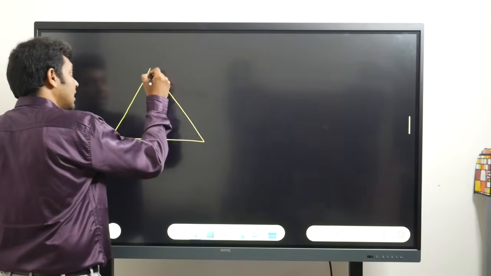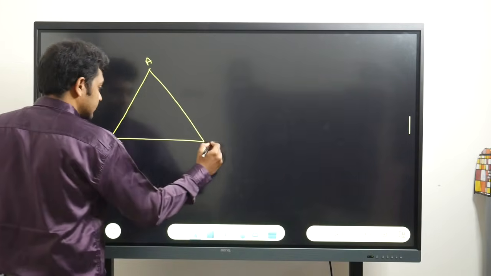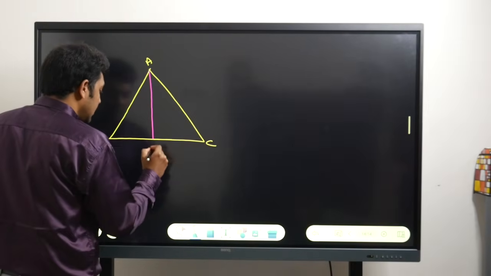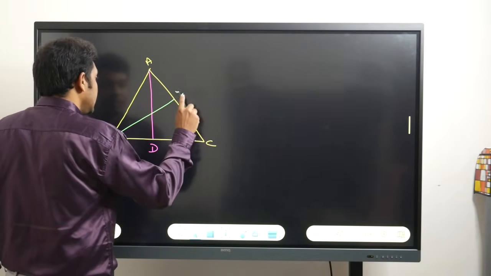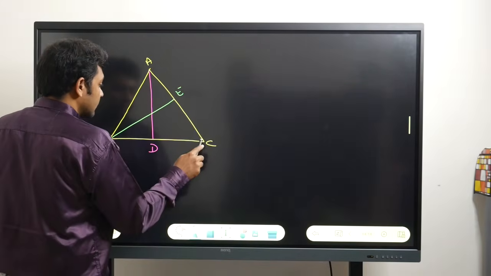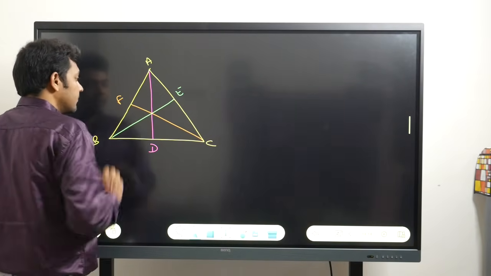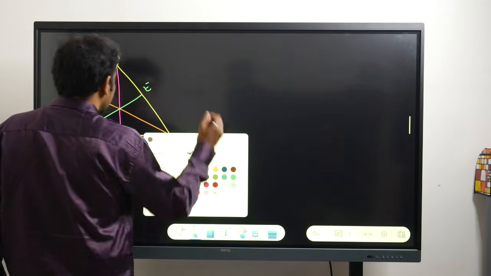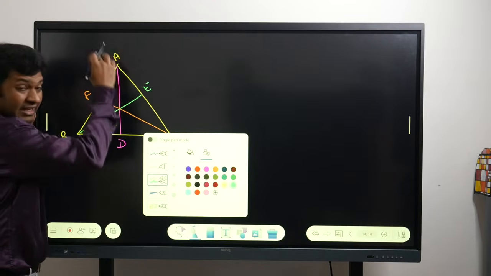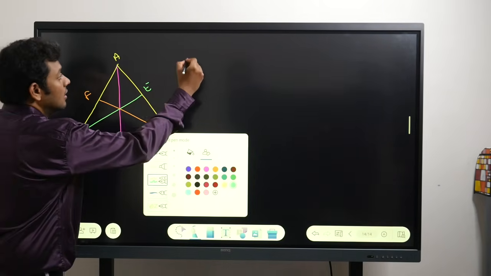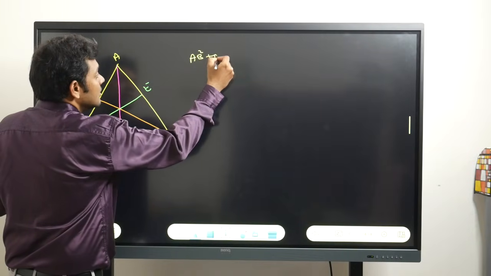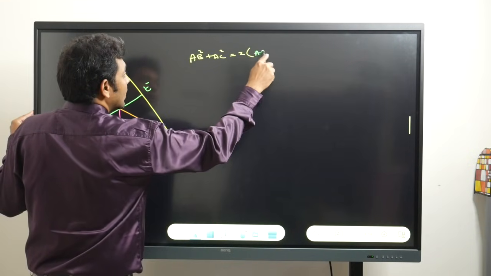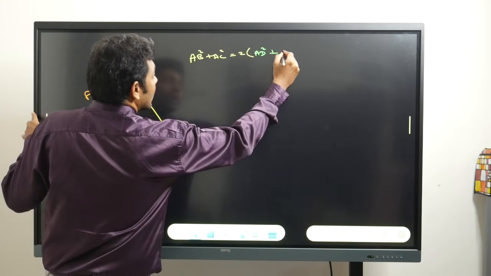Now take triangle ABC with the three medians: AD is the first median, BE is the second, and CF is the third. Extending Apollonius theorem: for median AD, AB square plus AC square equals twice AD square plus BD square.